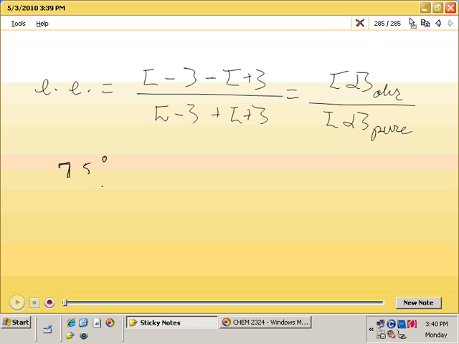I'm going to assume that the pure enantiomer in this case is the same example, either plus or minus 100 degrees. Then the first thing I'm going to do is calculate enantiomeric excess, and in this case it would be 0.75 or 75% enantiomeric excess.